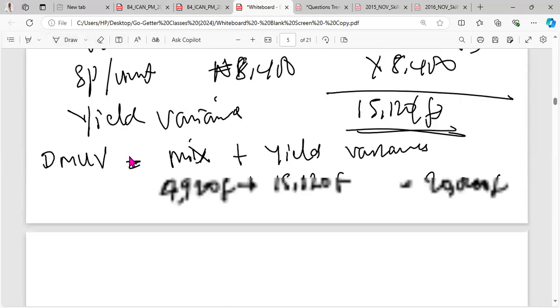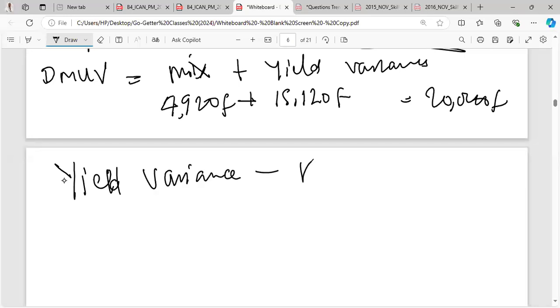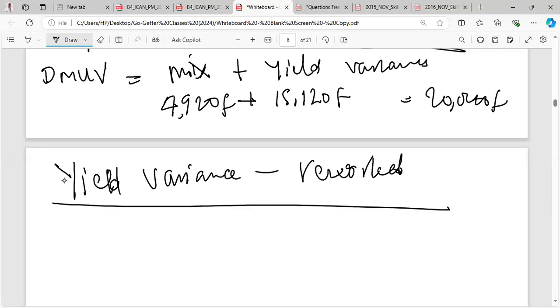Let's do it down here. Yield variance reworked. So this is the output method.